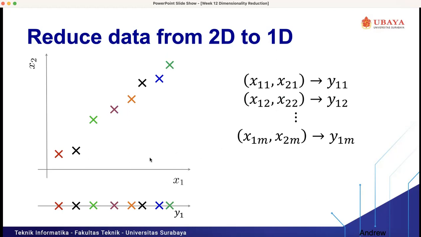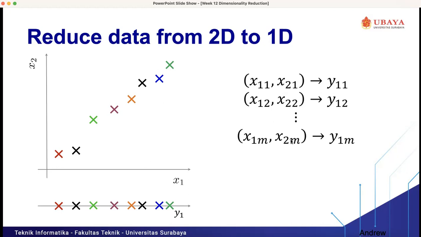The original data set has two features, X1 and X2. After we reduce it, we will only have one feature, Y. The Y11, Y12, Y1M go from two dimensions into one dimension.